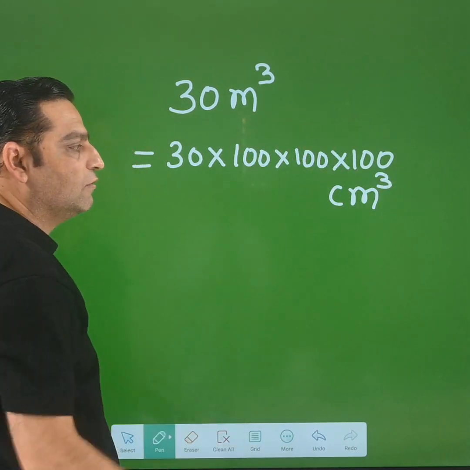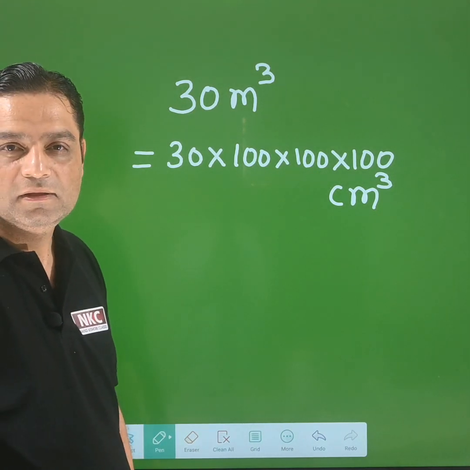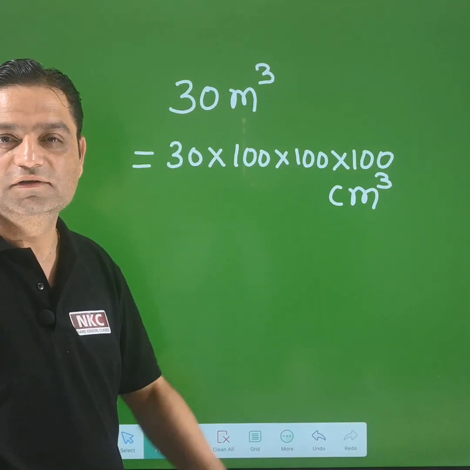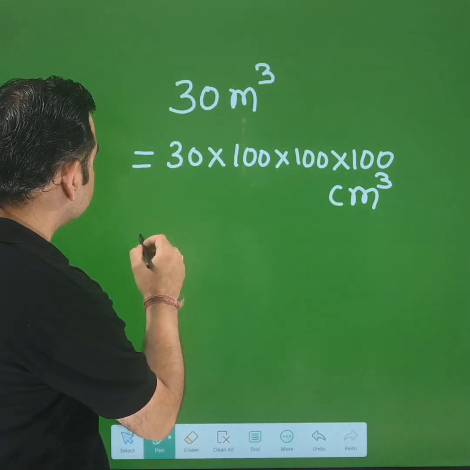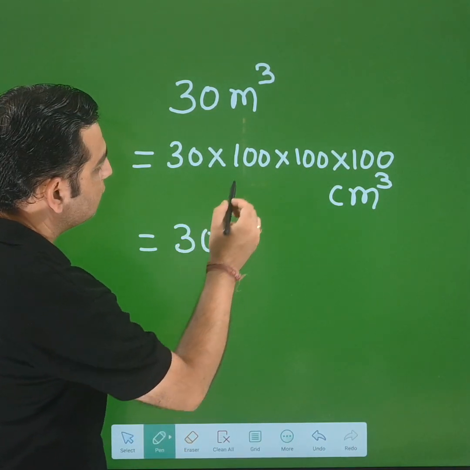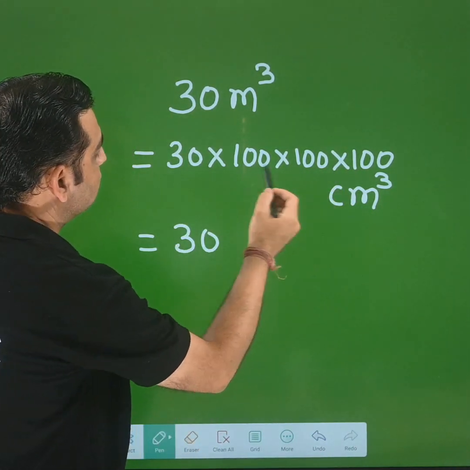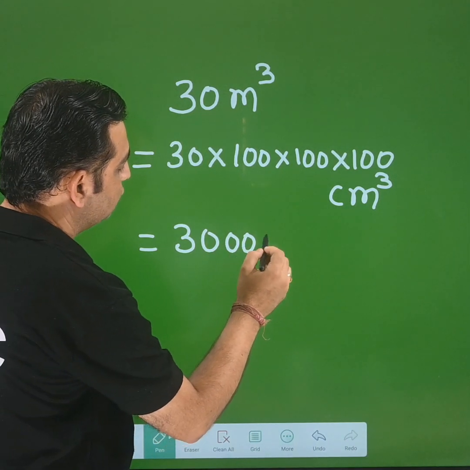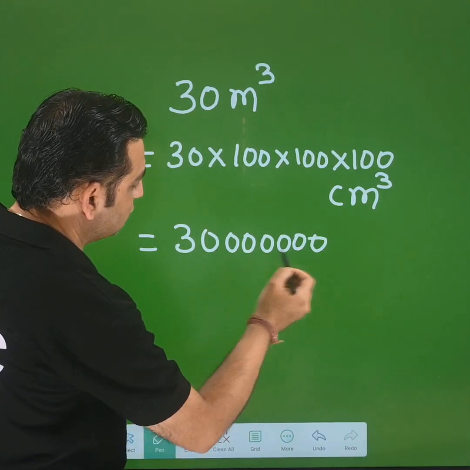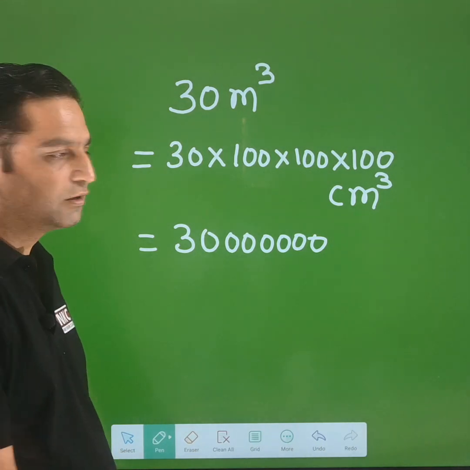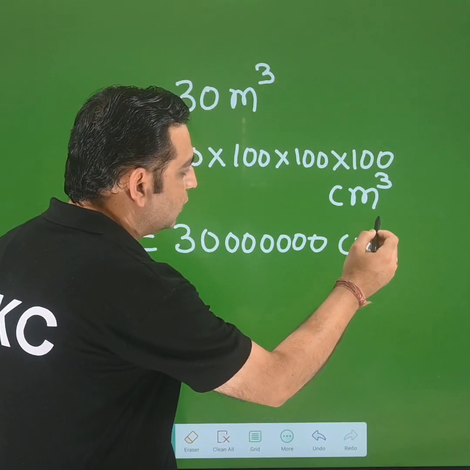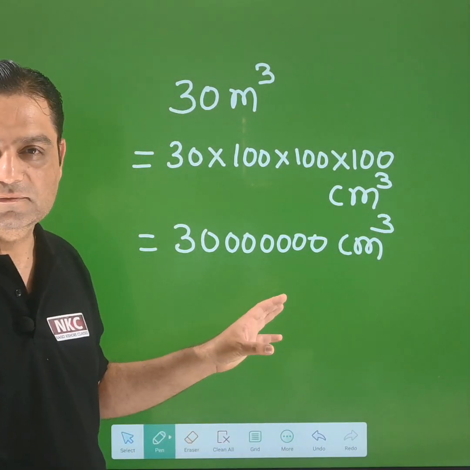That means now it is converted to centimeter cube. This is a big confusion for students. They just multiply by 100. That becomes a mistake. And how many total zeros are there? 6 and 1, 7. 1, 2, 3, 4, 5, 6, 7. Count them carefully. Usually mistakes happen in writing zeros as well. So this is the answer.